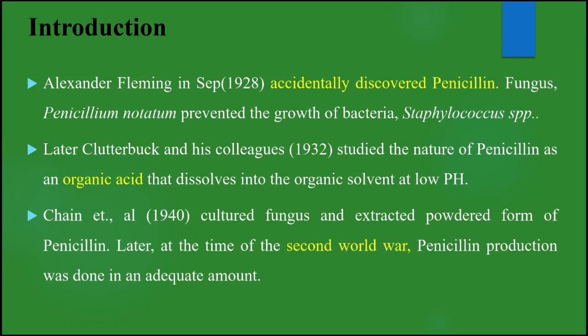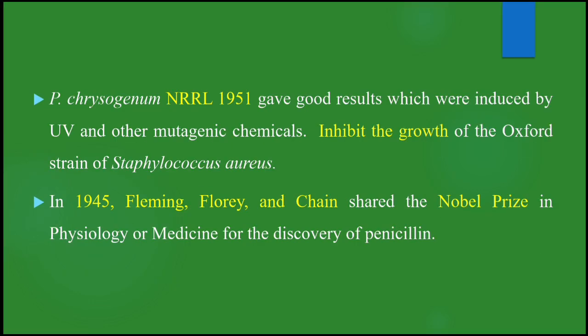Later, at the time of the Second World War, penicillin was produced in adequate amounts to treat wounded people. Penicillium notatum gave poor results, so other species were tested. Compared to others, Penicillium chrysogenum NRRL 1951 gave good results, and strains were induced by UV and other mutagenic chemicals.